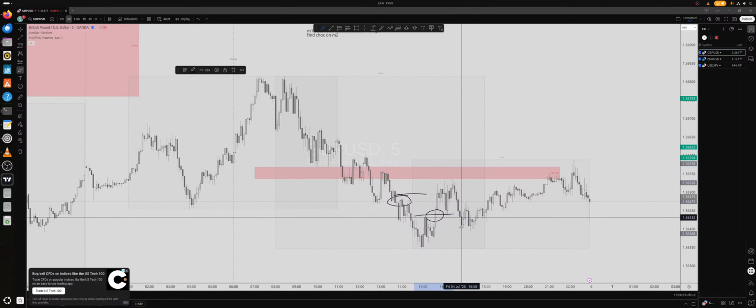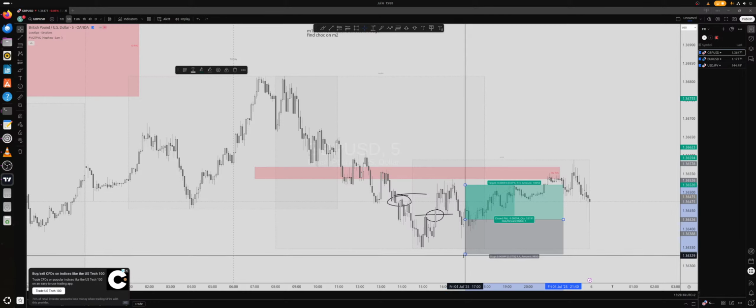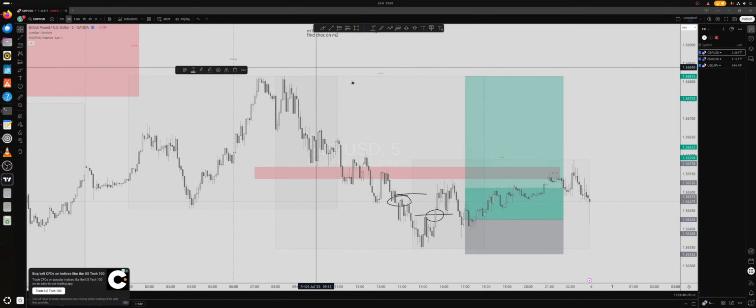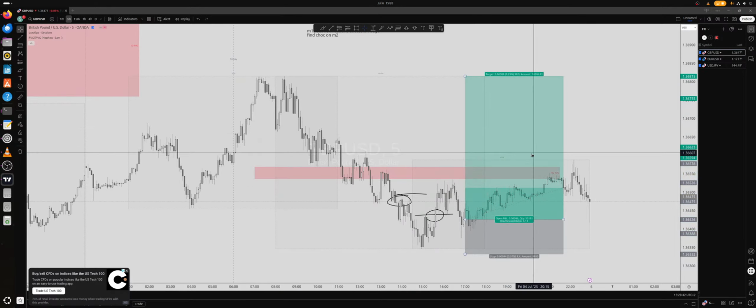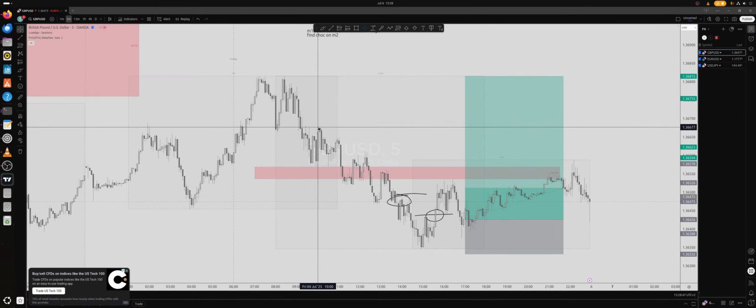And we have a nice pin here with the entry here. So I entered at 5, and you see, that's 5. So probably long it here, stops below, and I'm targeting double, targeting the next other side, and I'm trailing it at, I think here. We'll see how it goes.